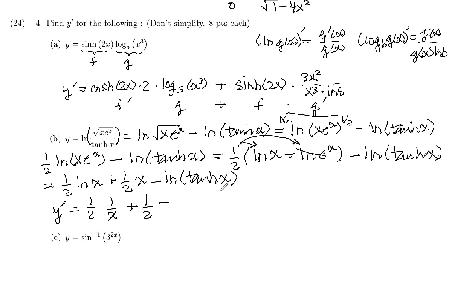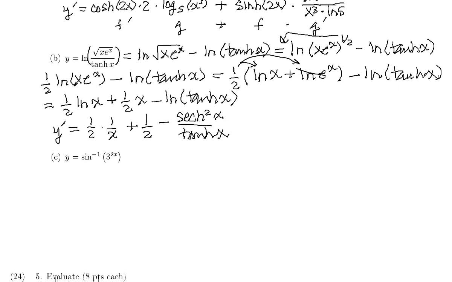And then minus, now this is derivative of log of a function, so natural log, and so that's this formula, g prime over g. So the inside goes on the bottom, hyperbolic tangent downstairs, and then derivative hyperbolic tangent is hyperbolic secant squared on the top. And again, no simplifying, we can just leave it like that. We're good.